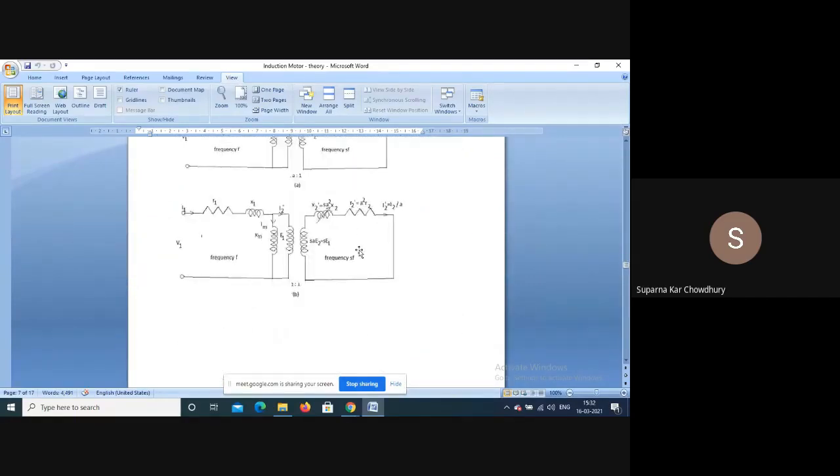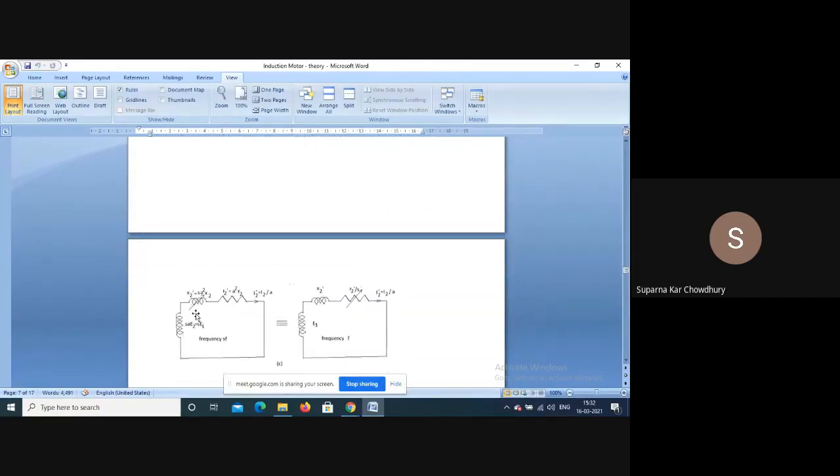So this circuit, which I have drawn here, is equivalent to this one, where this is a fixed voltage E1, this is X2 dash. What is variable here is this resistance R2 dashed by S. Current magnitude remains the same.